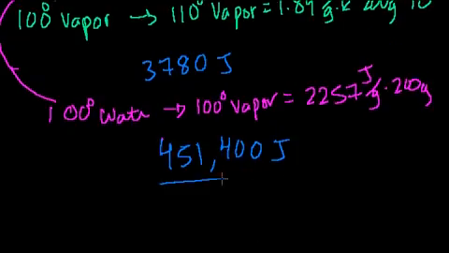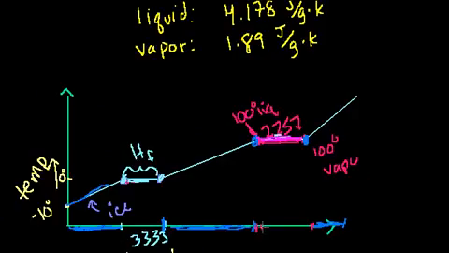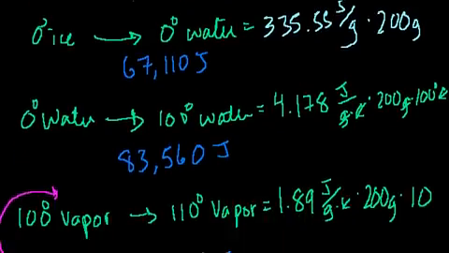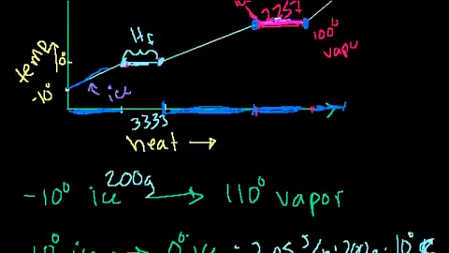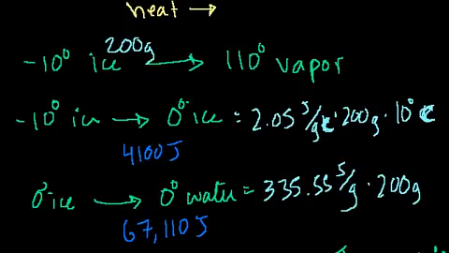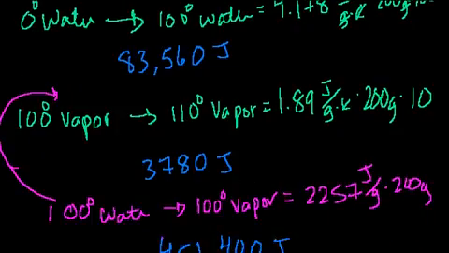So this piece right here is 451,000 for our sample of 200 grams. This piece right here was 83,000 joules. This piece right here was 3,780 joules.